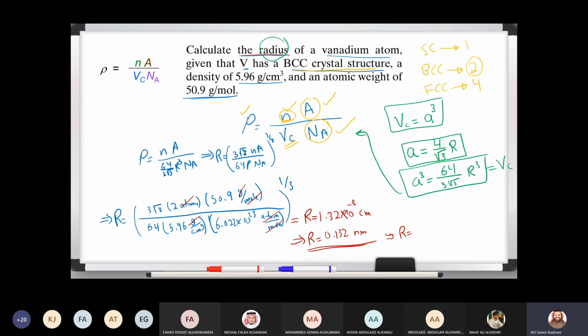Minus 9 is nanometer and minus 10 is angstrom.